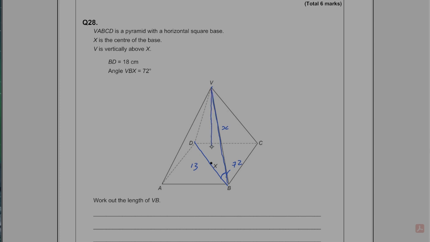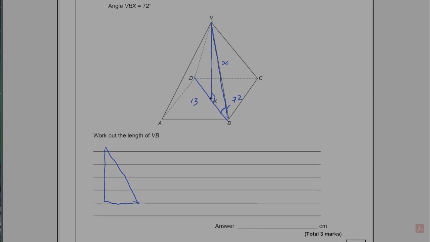Right. I've got a right angle triangle there. I'm going to redraw it just to make that a bit clearer though. If that length there is 13, this length here must be 9, half of that. That's our X, and we want to work out that's 72.